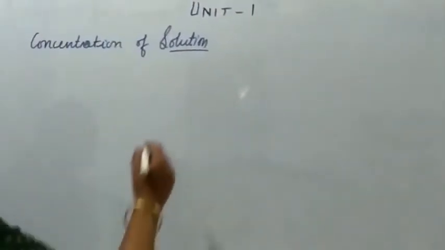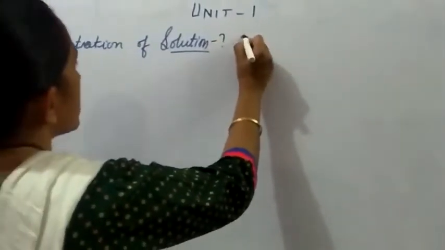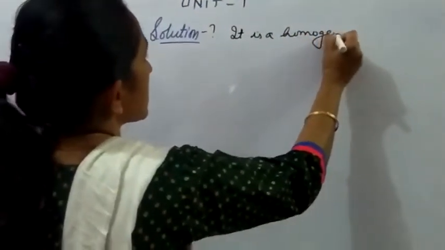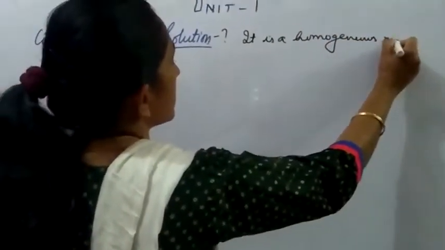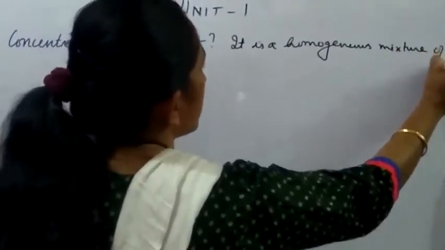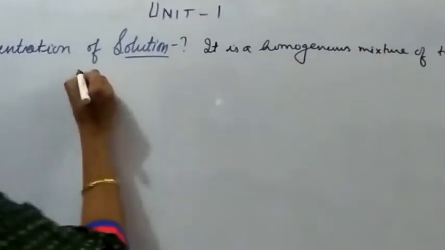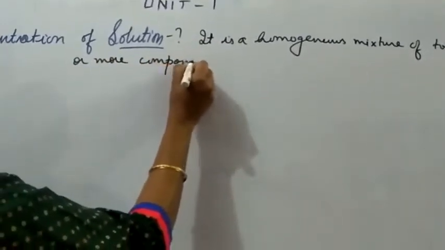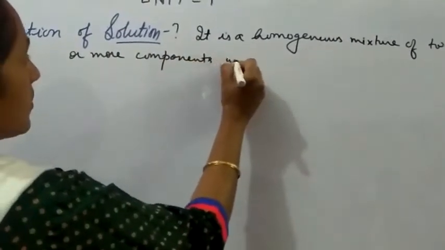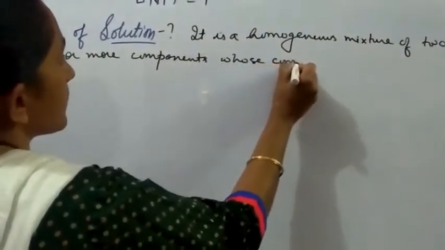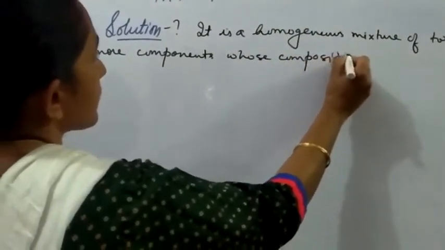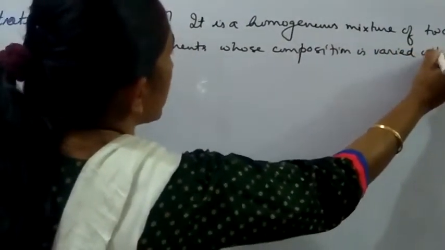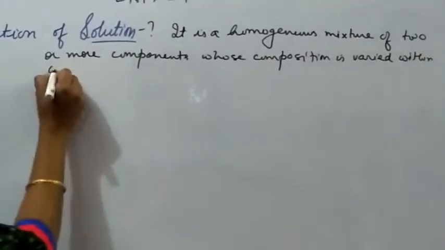So here, what is a solution? It is a homogeneous mixture of two or more components whose composition is varied within a certain limit.